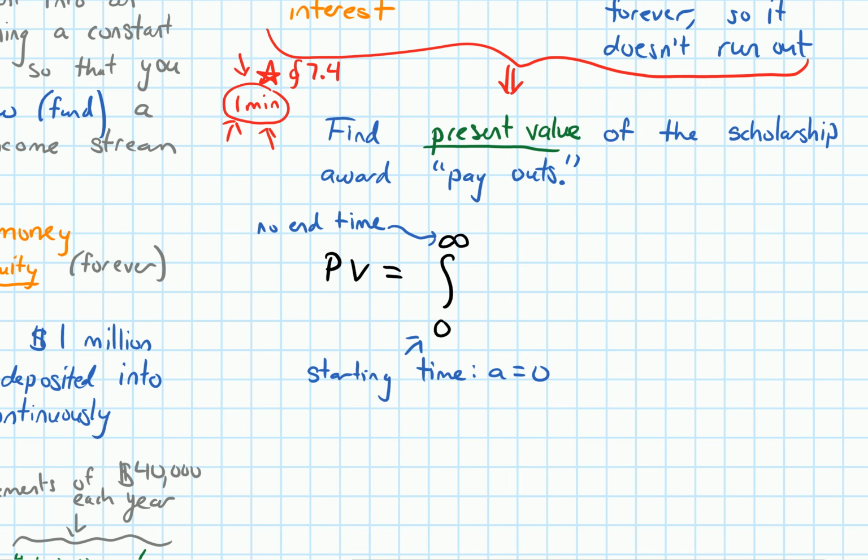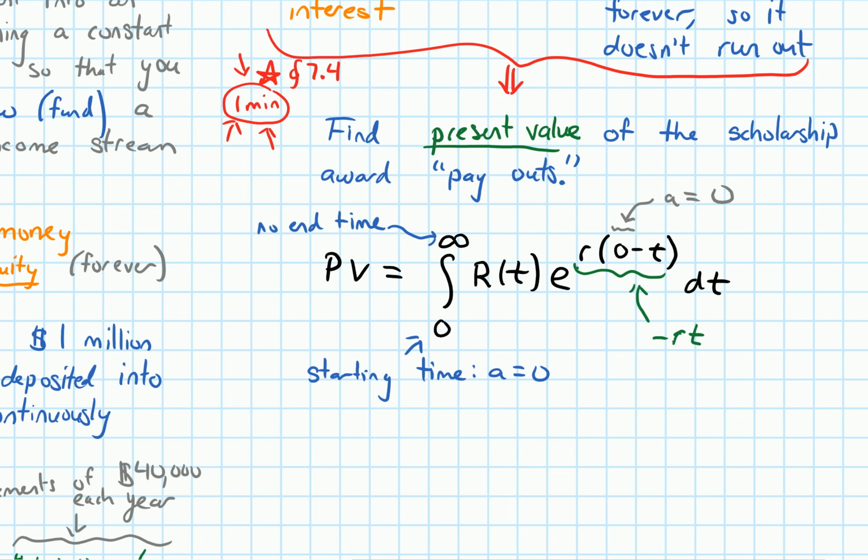Then recall the formula was R(t) times e to the r times (a minus t) dt, where a is 0, our starting time. So the exponent simplifies to just negative rt.